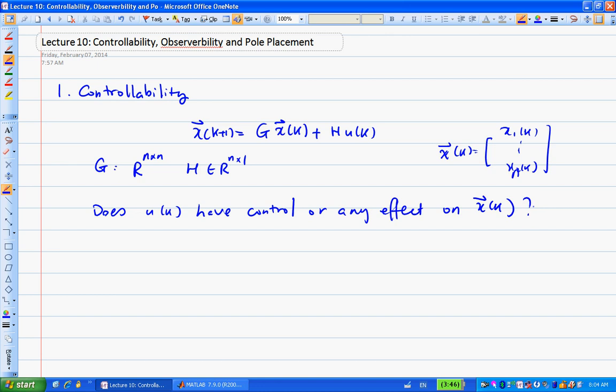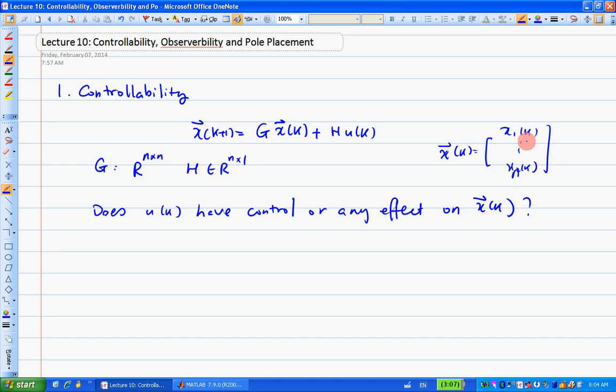Suppose having control basically means, look, here's x1 of k, and I want x1 of k to go back to 0. Maybe initially x1 of k is, who knows, maybe 1 or 2. If U of k has a direct control over x1 of k, then it could be brought back to 0.